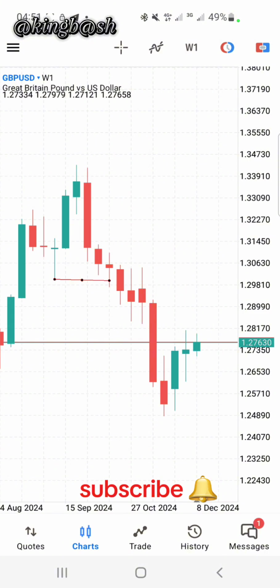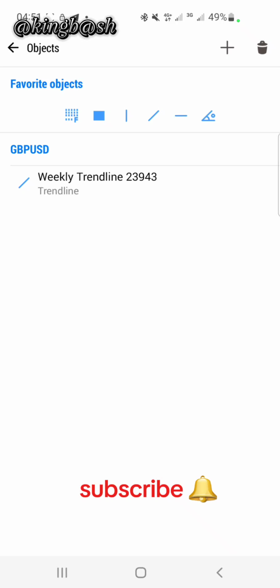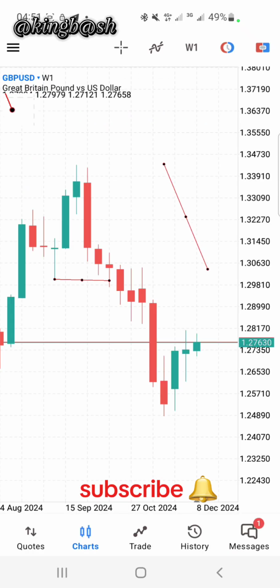We call this the market structure shift. Once you see this from the weekly time frame, this is telling you that price is about to start going down. This is the first sign that the trend is changing. So now, since the trend is changing, you are now looking for sells.